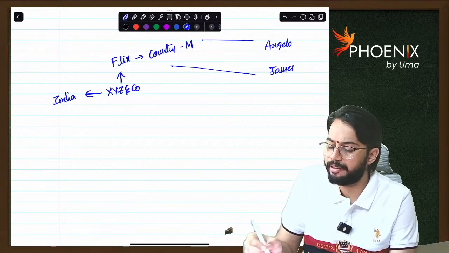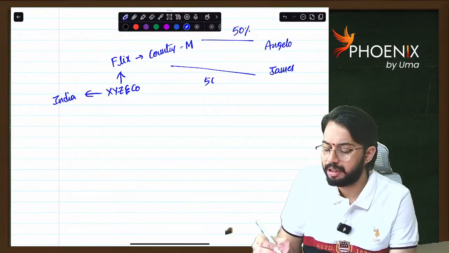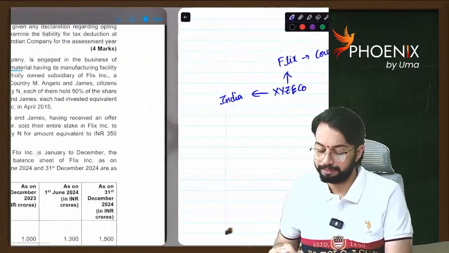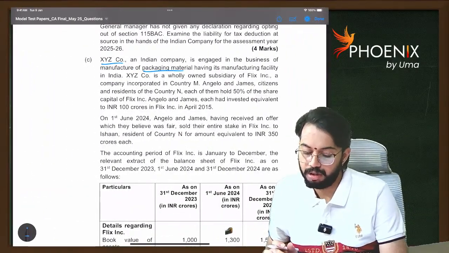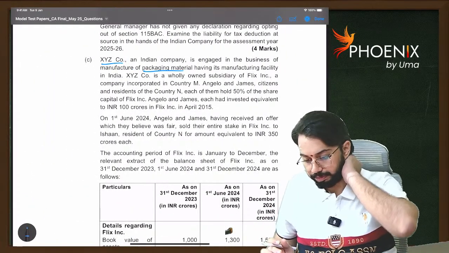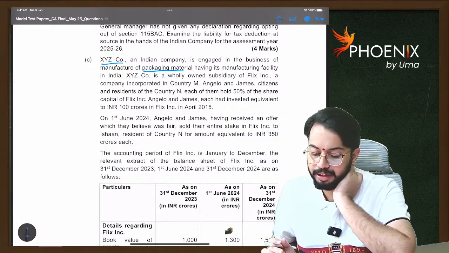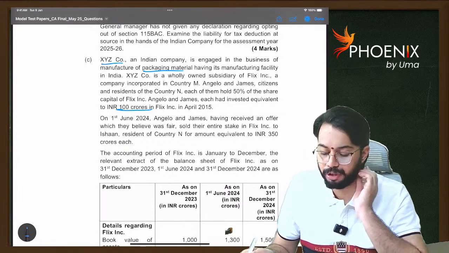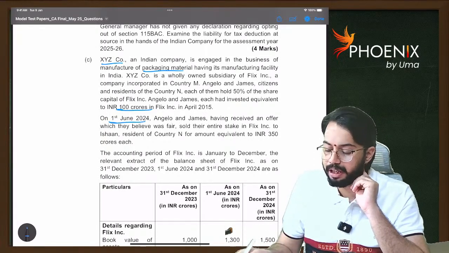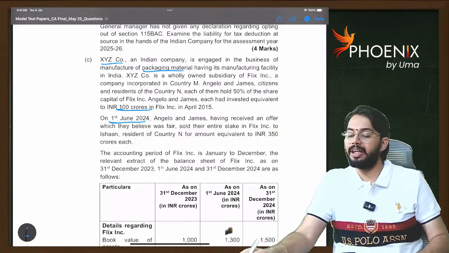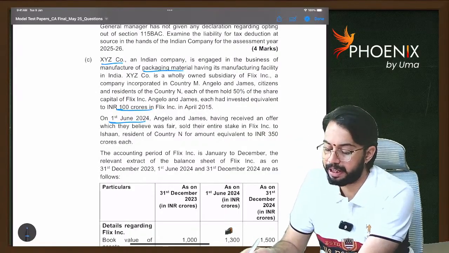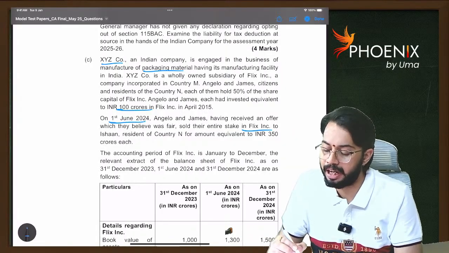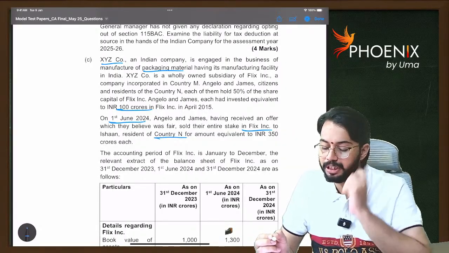Both of them hold 50% shareholding in Flix company, but both of them belong to country N. Each had invested equivalent to 100 crores in Flix Inc. in April 2015. On 1st June 2024, Angelo and James, having received an offer which they believe was fair, sold their entire stake in Flix Inc. to Ishan, resident of country N, for an amount of 350 crores each.